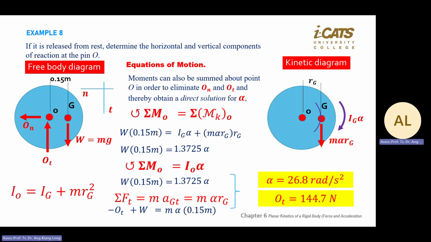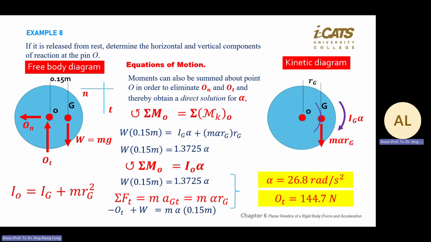What is new for today compared to the previous one is this equation: MO equal to I alpha. This is applied to rotational round body. Here still the same, I equal to IG plus MD squared.